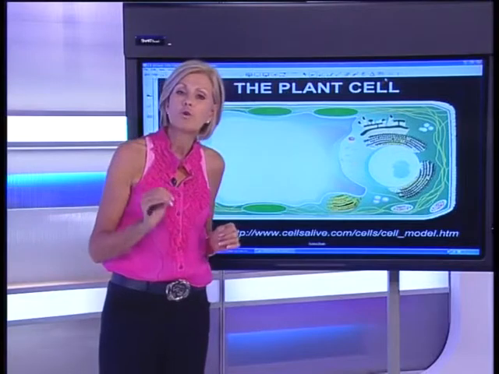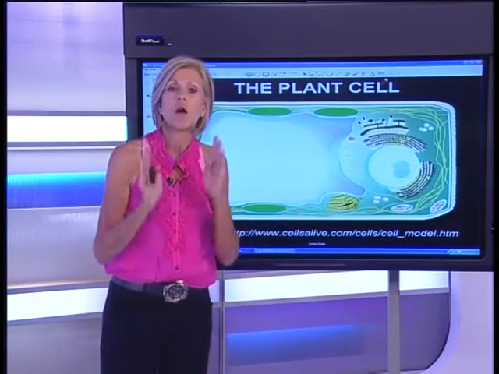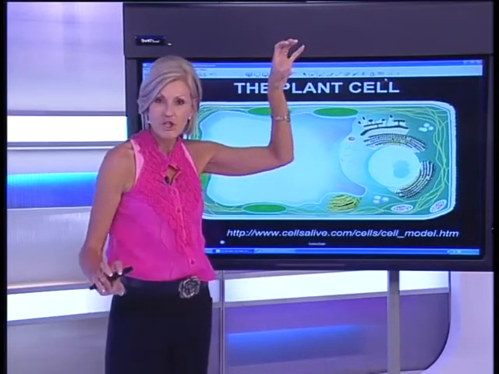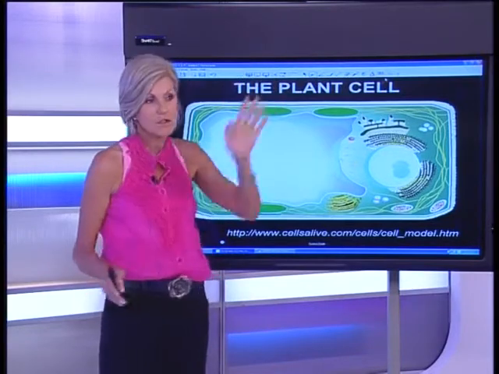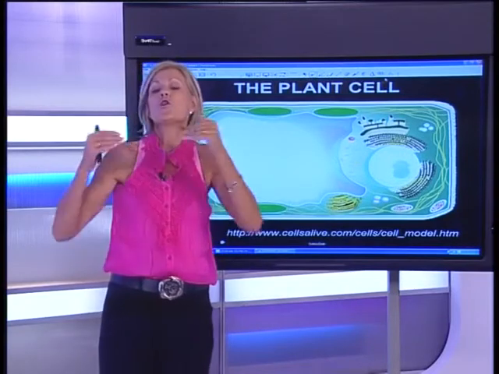Osmosis is the movement of water, not any other substance, only water, from a higher water potential to a lower water potential along the concentration gradient, because it's going downhill, along the concentration gradient through a partially permeable membrane.